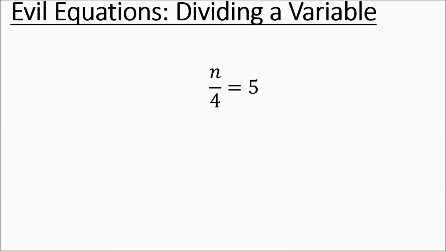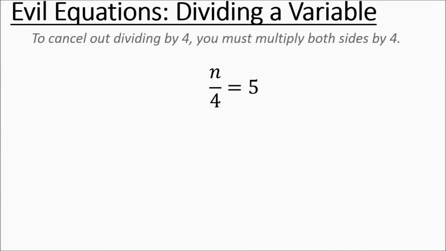So this equation is a little bit different because now we have n dividing by a number. In the past we were always multiplying the variable by a number. Now we're dividing by a number. All you need to think about is do the opposite operation. You're dividing by 4. To get rid of that, you're going to multiply by 4, and you're going to do it to both sides.